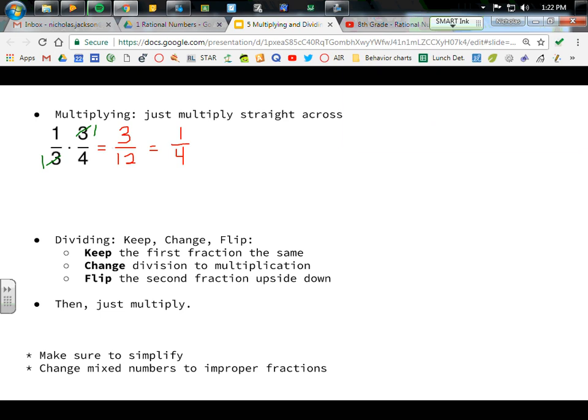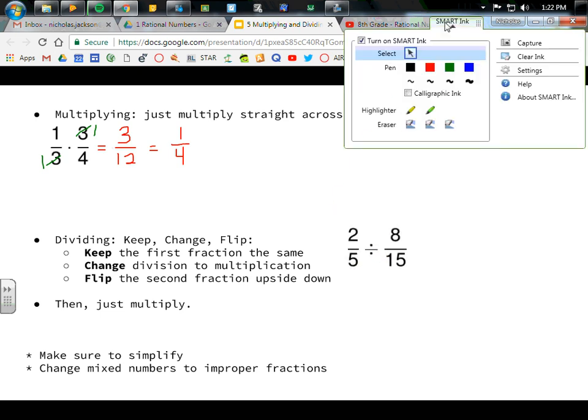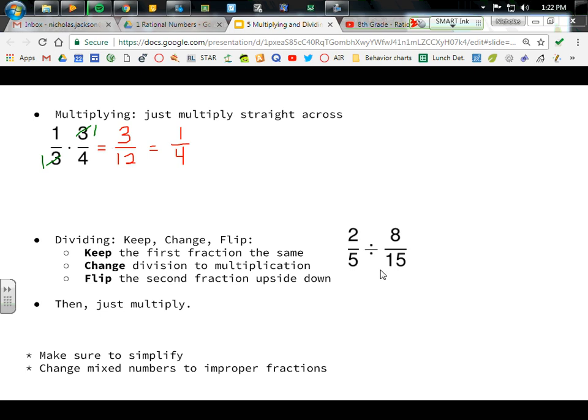So let's do an example here. We've got 2/5 divided by 8/15. If we go with keep, change, flip, we keep 2/5, we change division, and we flip 8/15. So the problem becomes 2/5 times 15/8.